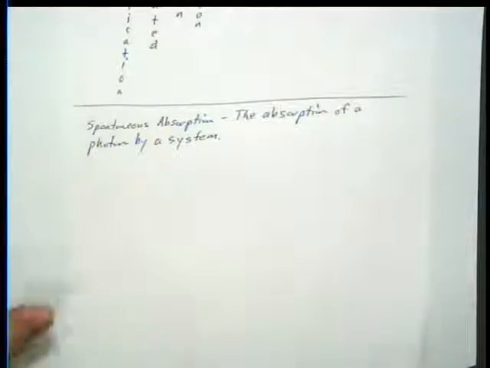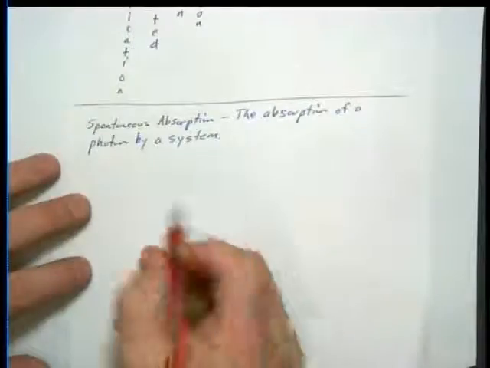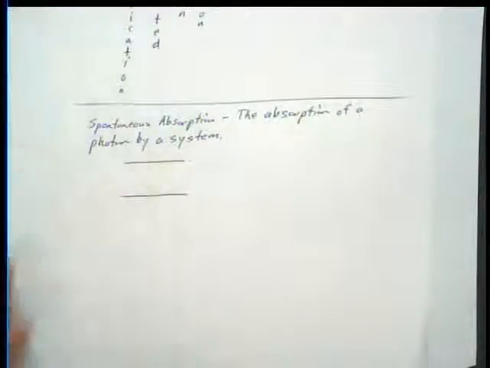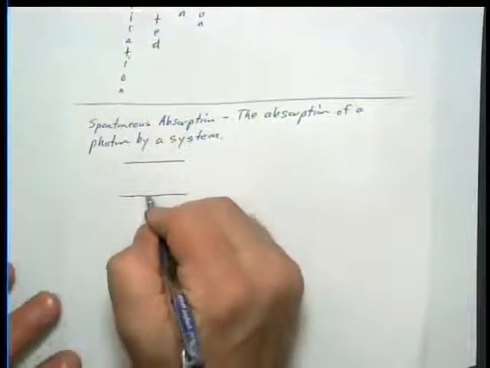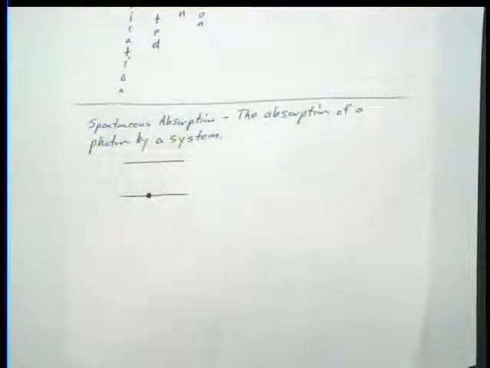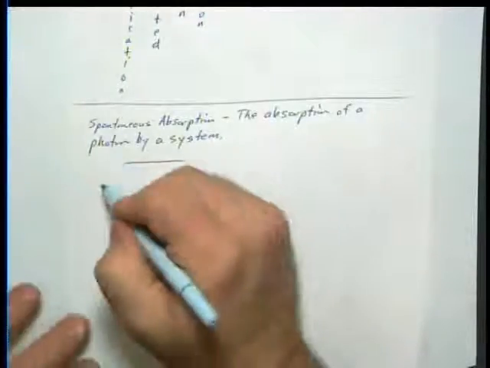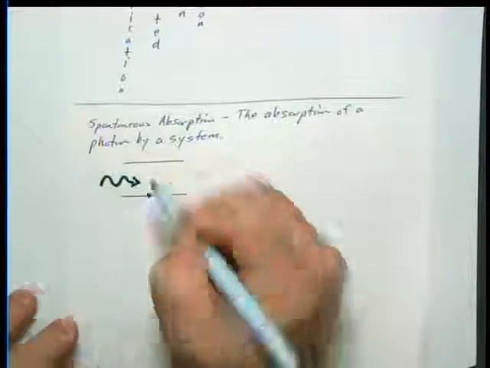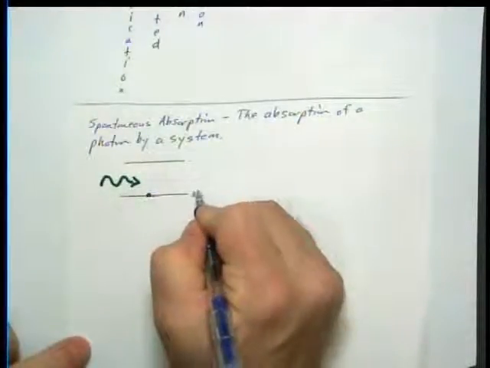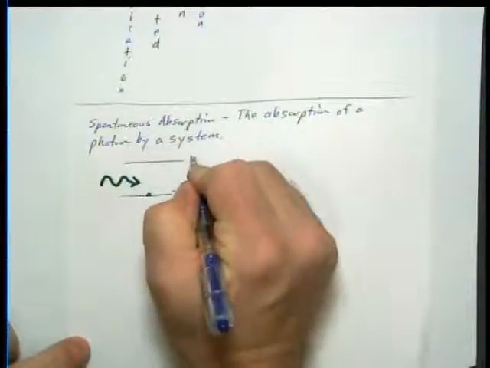So if you drew a picture of it, it looks something like this. I'm only going to draw two states. There are probably millions of states. But there it is. Let's say we're dealing with an electron. There's the electron, and a photon comes in like this. This state's energy is E1, and this energy is E2.